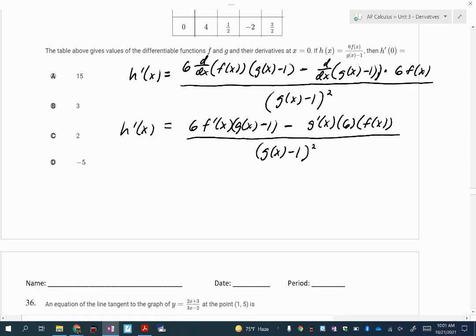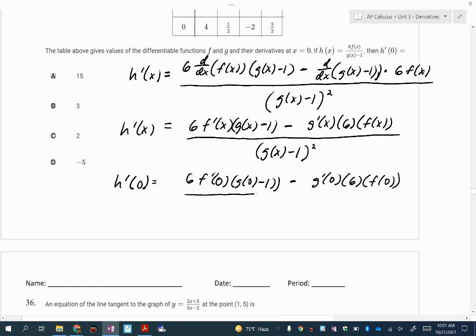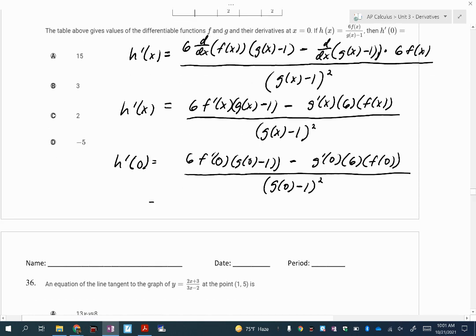Now I'm going to plug in 0 wherever I see x, and use that table. So 6 times f prime of 0 times g of 0 minus 1, minus g prime of 0 times 6 times f of 0, all over g of 0 minus 1, all of that squared. Now I'm going to plug in numbers.